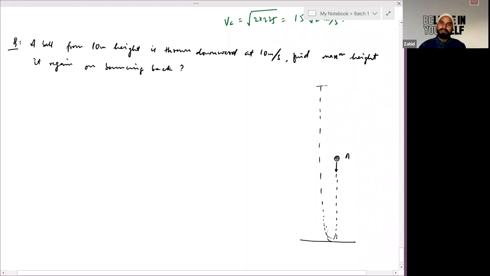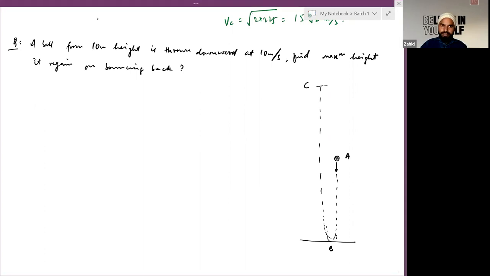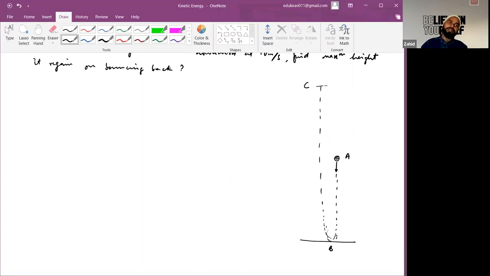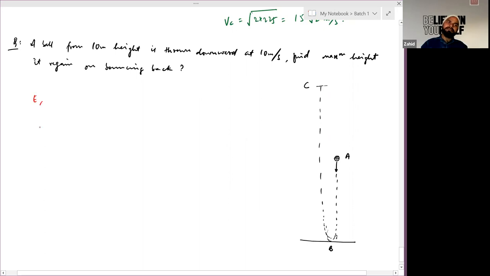So let's say this is point A, this is point B, and this is point C. Try to calculate total energy at point A, total energy at point B, total energy at point C. Just equate them, and then you'll be able to calculate velocity, height, and so on.